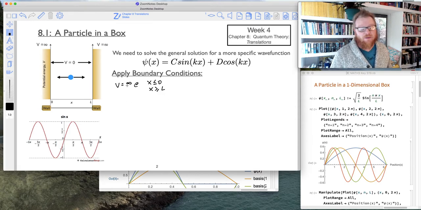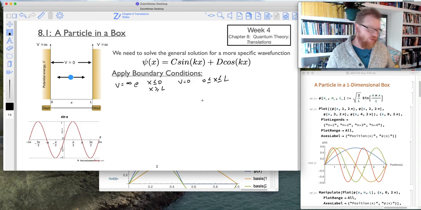So in other words, outside of the box, the potential is infinite, but we know that the potential is 0 for x between 0 and L, right? So potential energy equals 0 when x is between 0 and L.